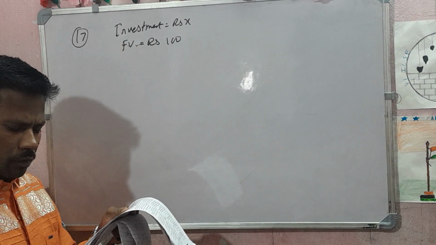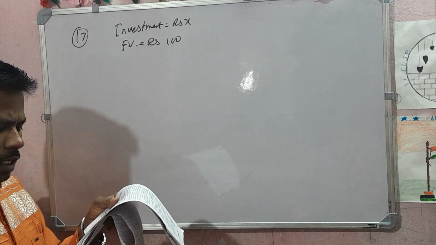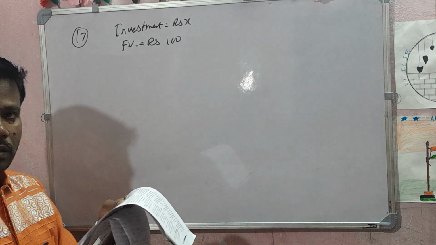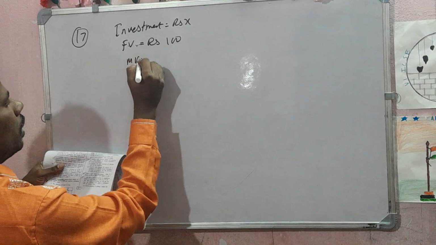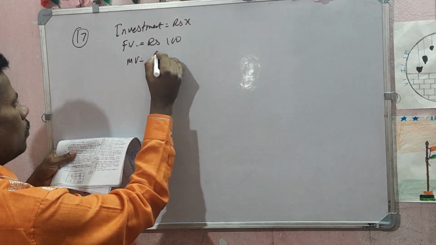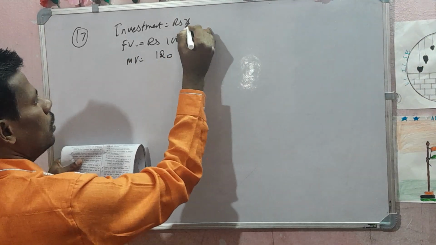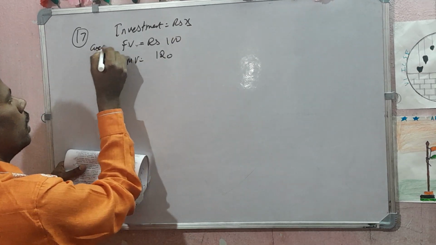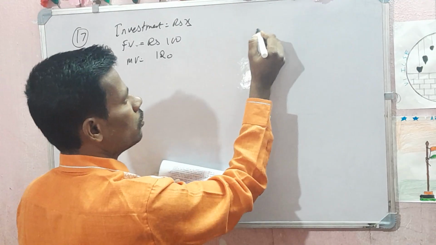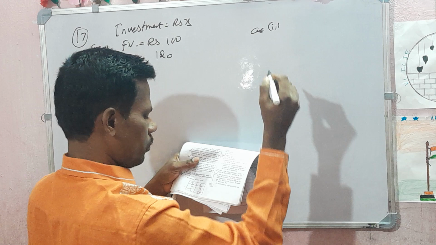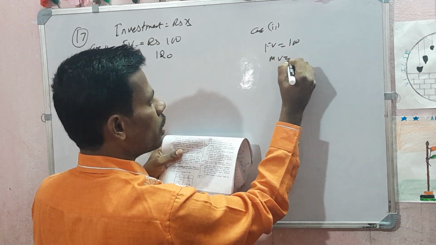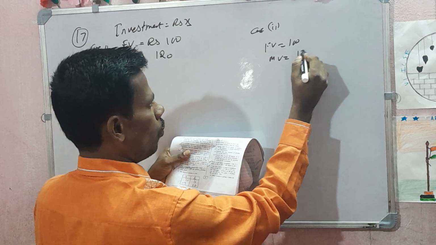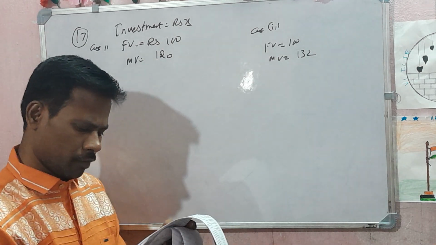So the market price in the two firms is given as 120 and 132. Market value is 120, and this is case 1, you can write here case 1, and this you can write here case 2. So case 2 is face value is also 100, but here market value is nothing but 132, right?